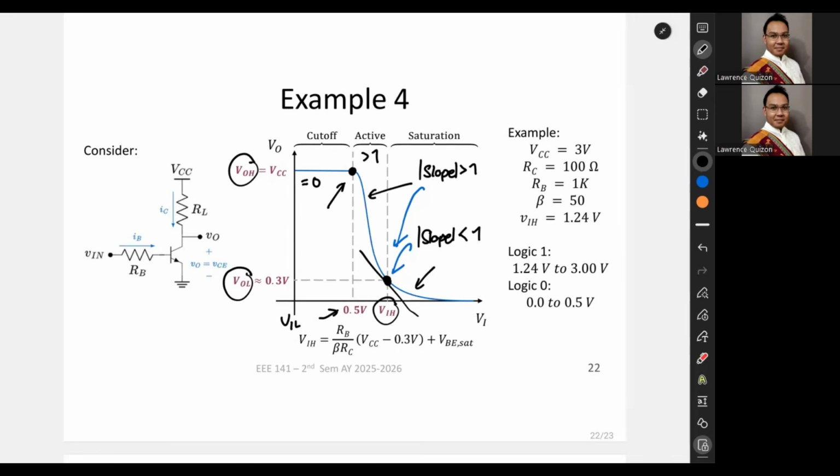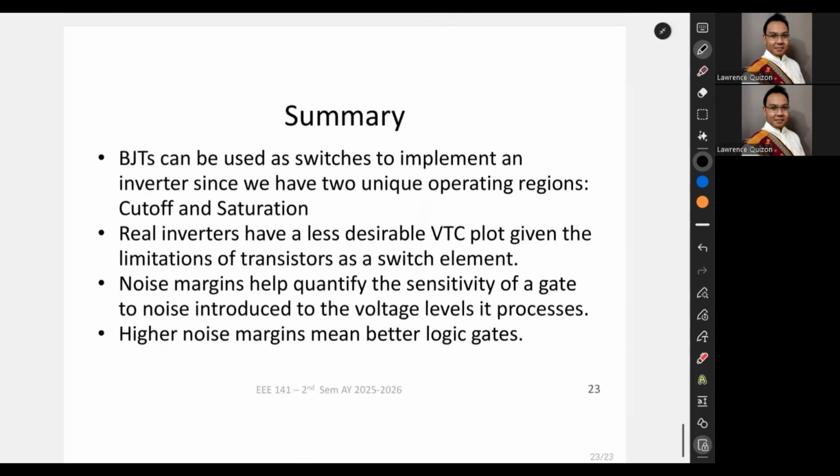So for us, we consider that logic 1 is somewhere between 1.24 to 3, and logic 0 is considered somewhere between 0.0 to 0.5. This is our input. So with that, ends the first lecture.